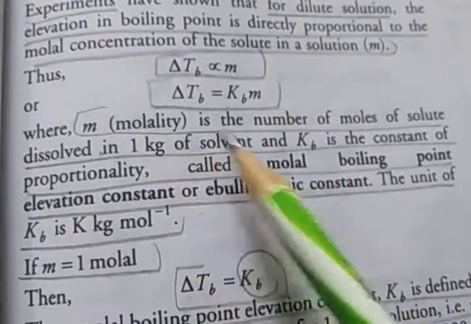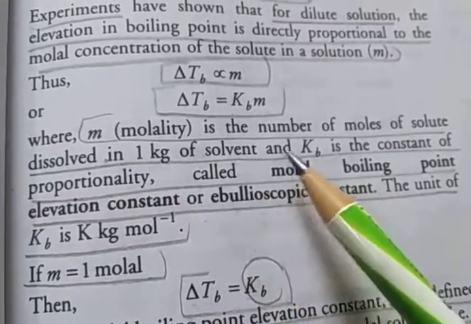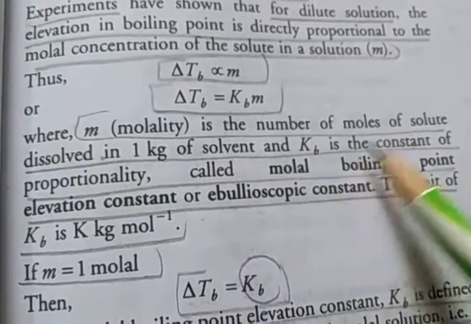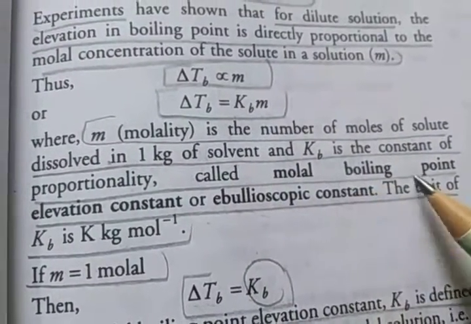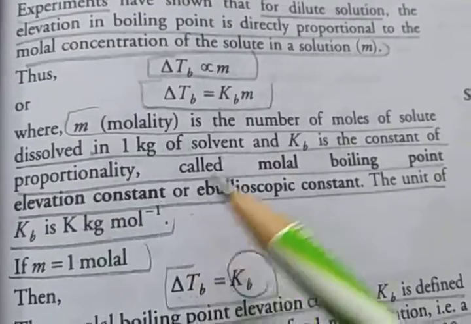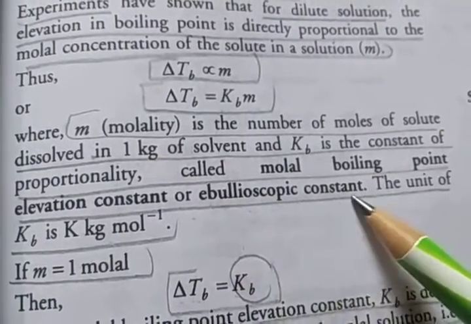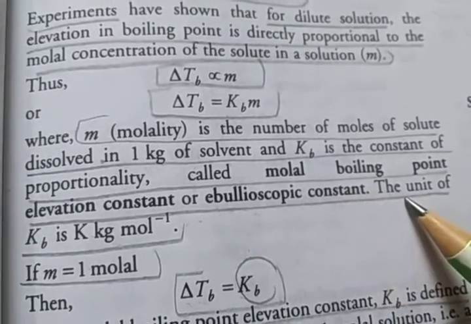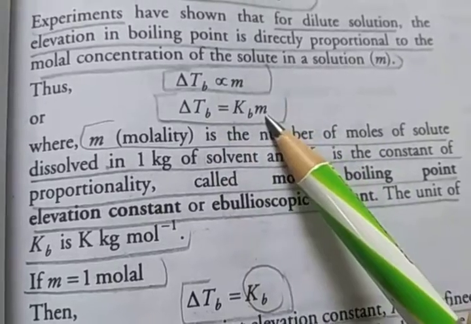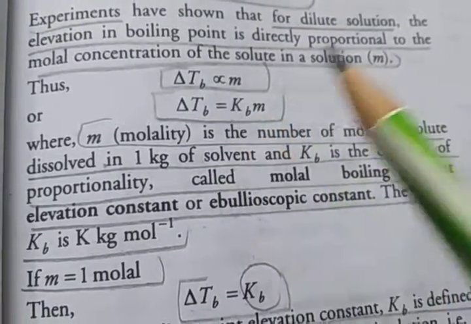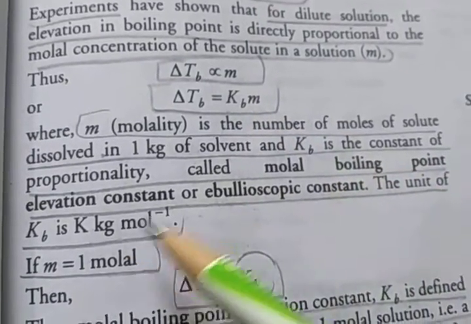Here small m, molality, is the number of moles of the solute dissolved in 1 kg of the solvent, and kb is the proportionality constant, called the molal boiling point elevation constant, otherwise the ebullioscopic constant. So delta TB is the elevation in the boiling point, m is molality, and kb is the ebullioscopic constant.